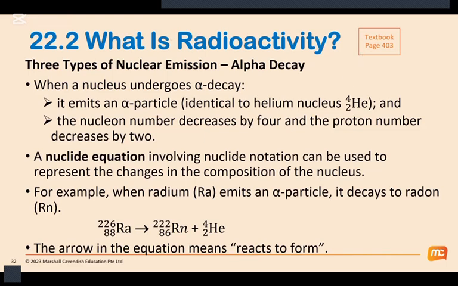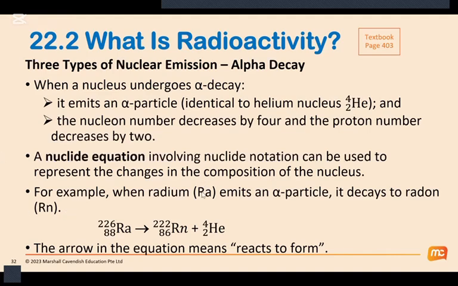So during radioactive decay, as we have just covered, there are 3 types of emissions: alpha particles, beta particles, or gamma radiations. So we usually write what we call nuclide equations using nuclide notations to represent the changes in the composition of the nucleus to show what has happened to the nucleus during radioactive decay.